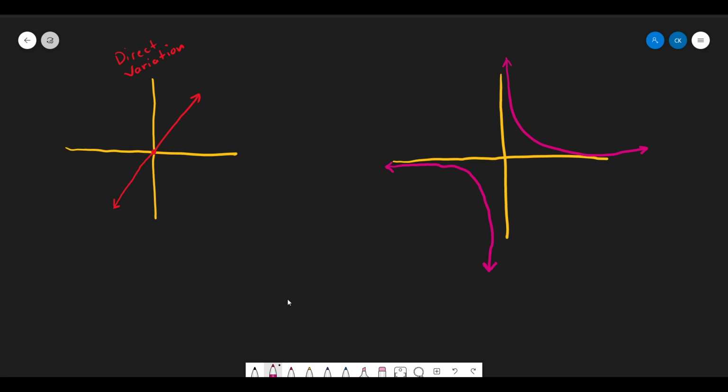So it's almost going to look like this, one half here type graph. Now, it could also be like this and like this. It could also be going that way. But it's always going to be this two-sided graph almost. You'll always have one here and then kind of one on the opposite side looking very similar to it. It could be moved up, it could be moved down, any of those things. But this is what an inverse variation graph looks like.